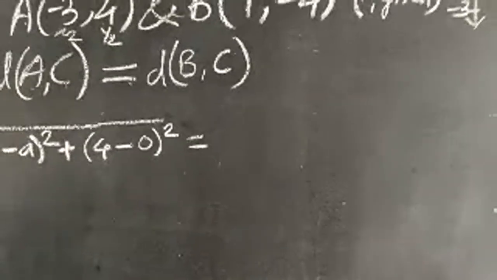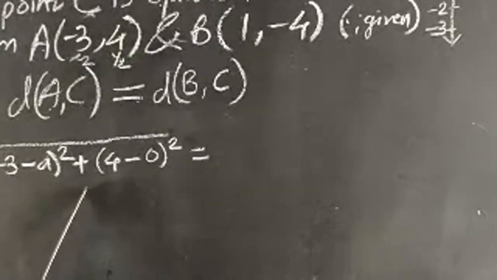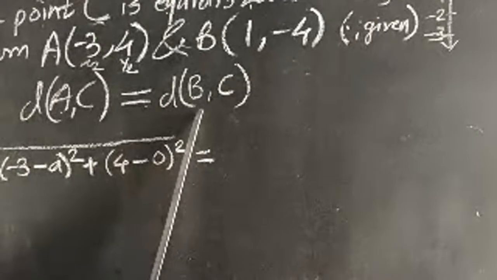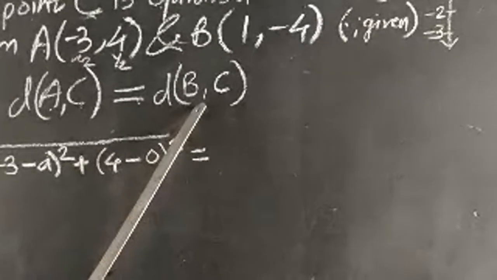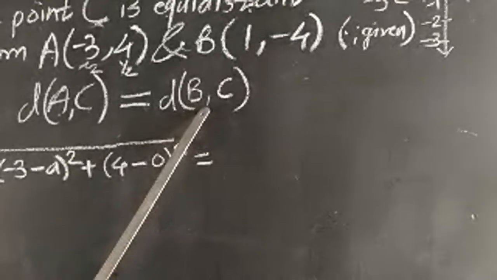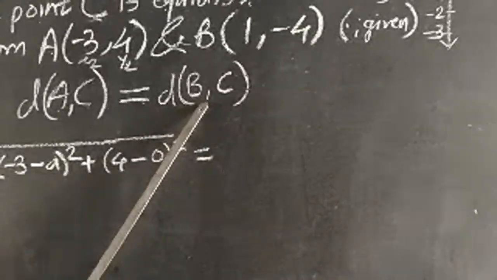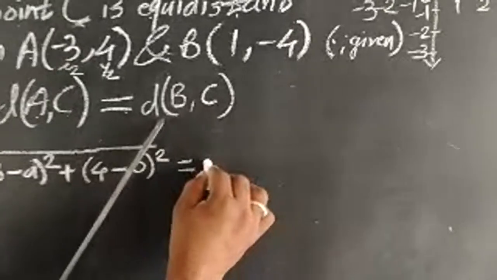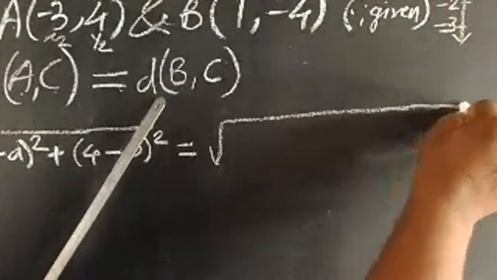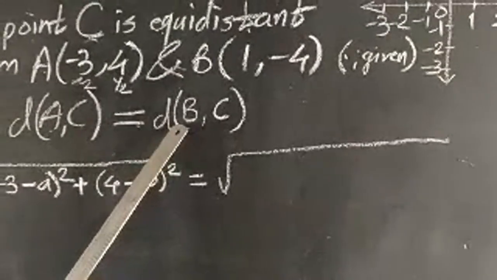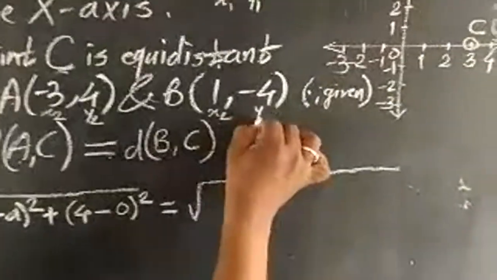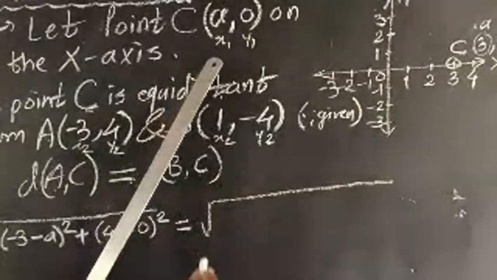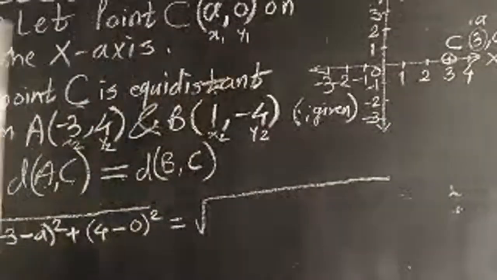On the left side we use the distance formula. On the right side we can use the distance formula. What do we write? In square root, x2 minus x1. B suppose x2, y2 and C suppose x1, y1.